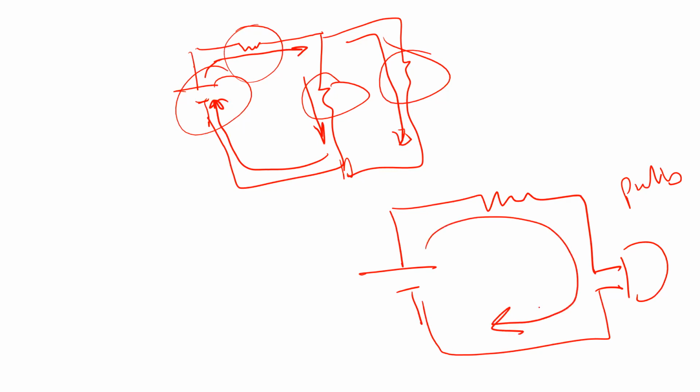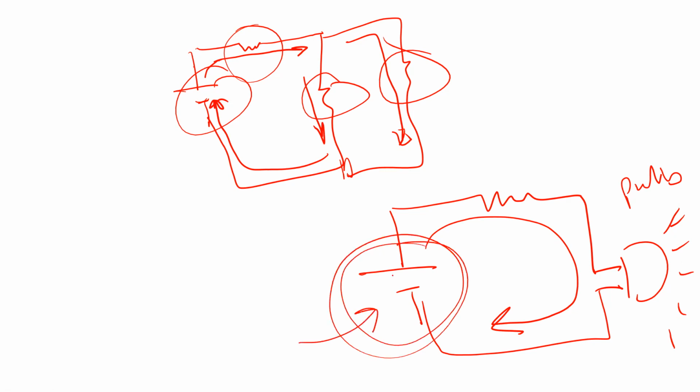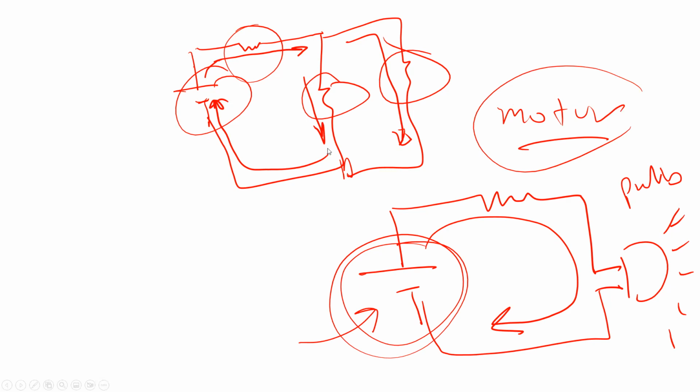When the current flows this way, you're going to have light here. So you converted the electrical energy generated by the chemical reactions here into light, or you can convert it to heat. Or if you put a motor here, you convert the electrical energy to motion, to mechanical energy.